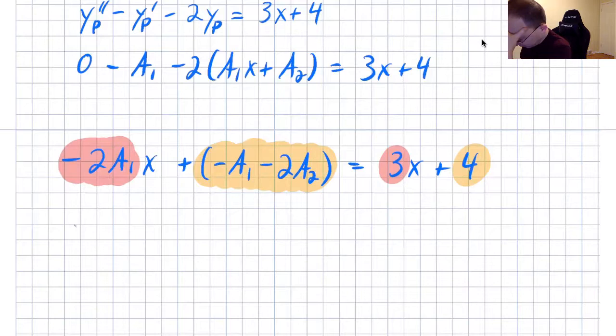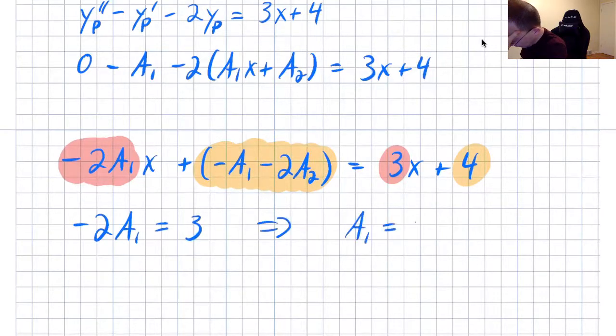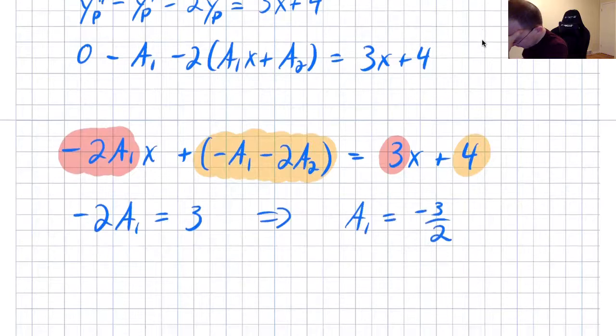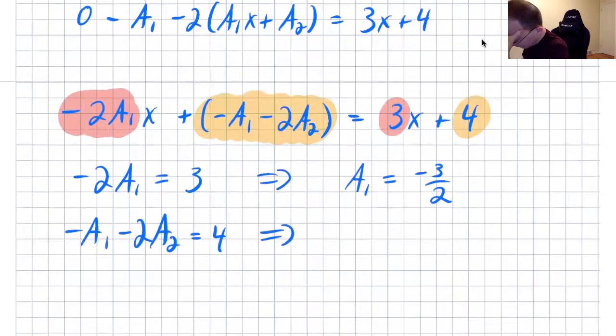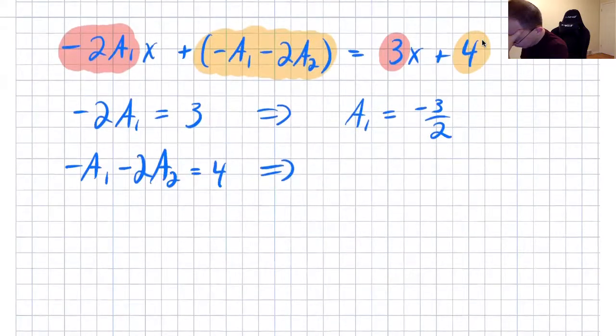So we have negative 2a1 is equal to 3. Why don't we just solve that right now? So a1 is equal to negative 3 over 2. And then we have negative a1 minus 2a2 is equal to 4. But we know that a1 is already negative 3 over 2.